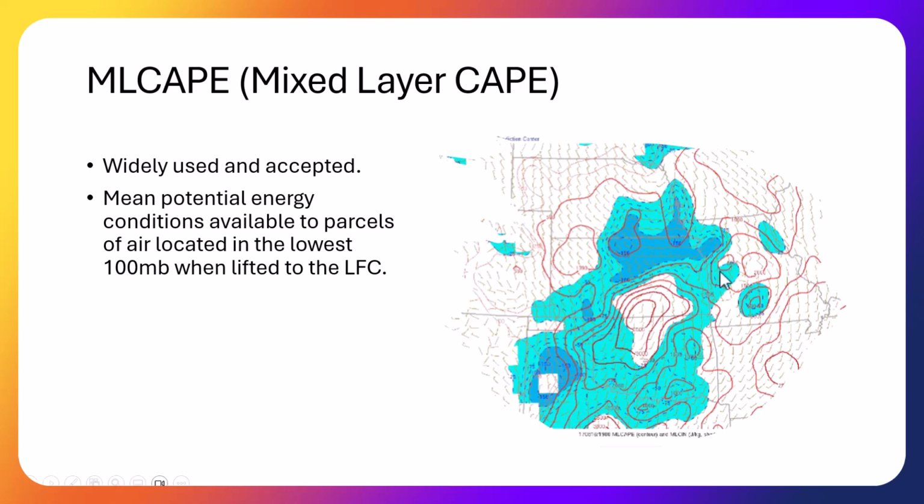Essentially, here the blue is our sin. The deeper blues you have, the more energy those parcels need to overcome, so the more sin we have. These red lines here are our CAPE, our mixed layer CAPE. What we like to look at when we're forecasting for severe weather is, are there areas of high CAPE and low sin, low areas of sin?